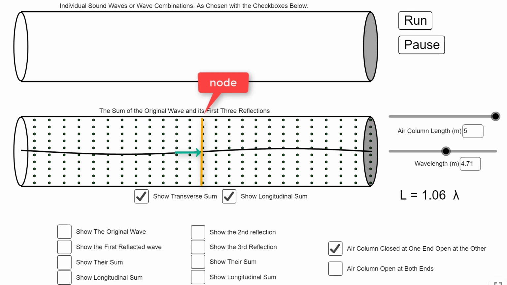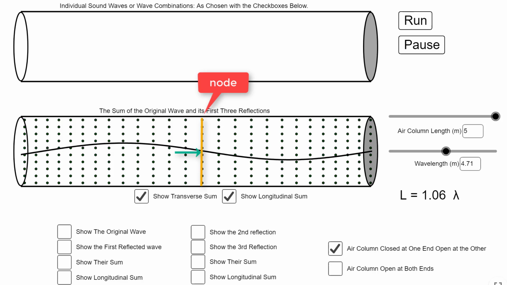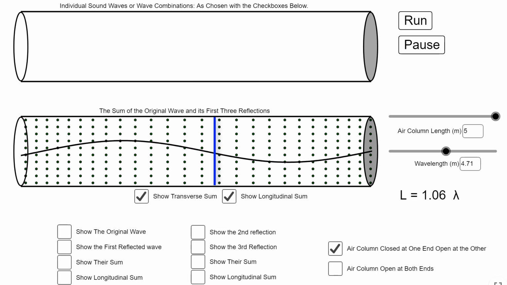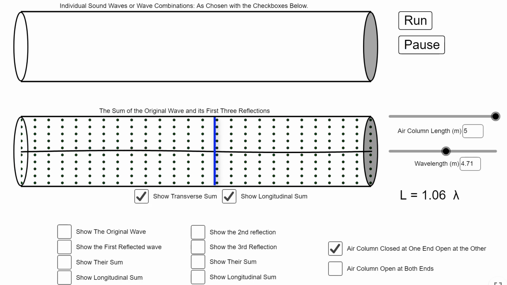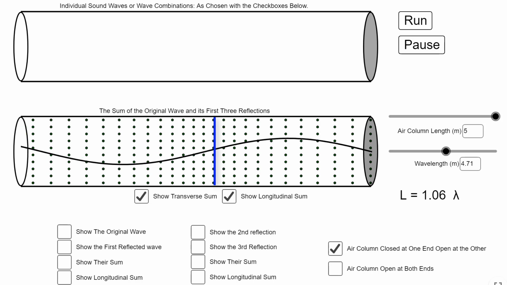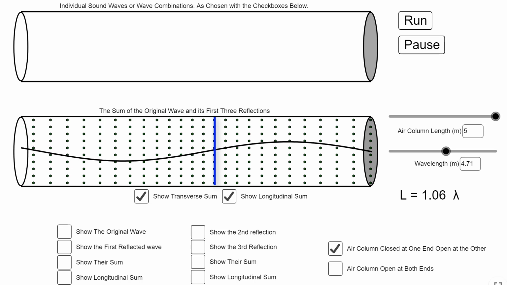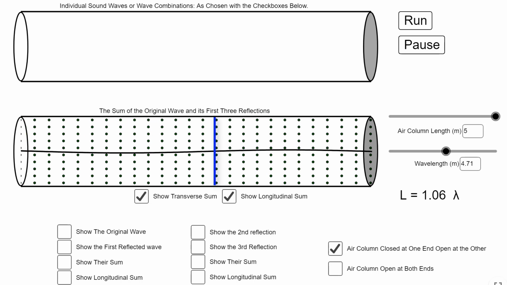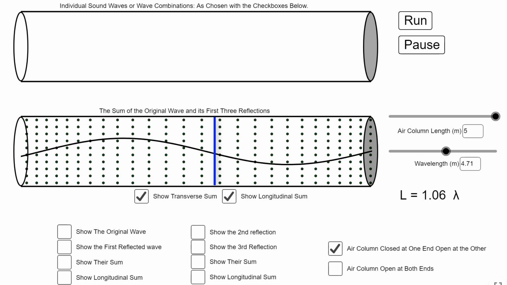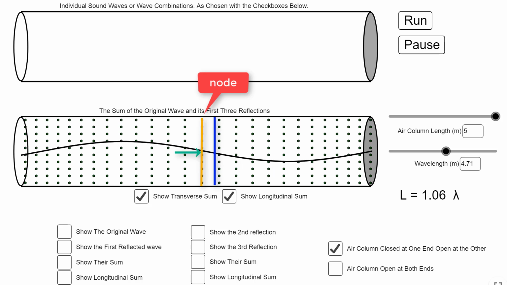Each particle has a certain displacement. For example, consider these particles on the vertical line just next to a node. You see? They are moving with the same phase, either to the right or to the left, with a very small displacement because they are very close to the node.